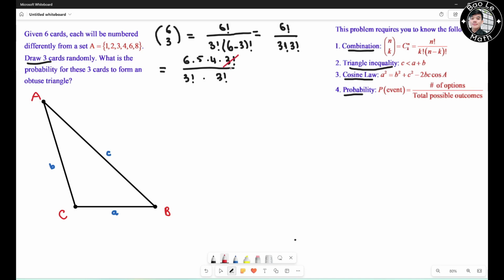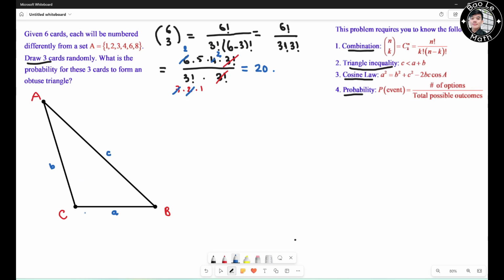Now the 3 factorial right here cancels out. The other 3 factorial, I just write 3 times 2 times 1. 4 divided by 2 is going to be 2. 6 divided by 3 is going to be 2. 2 times 2 times 5 is going to be 20 possible outcomes.